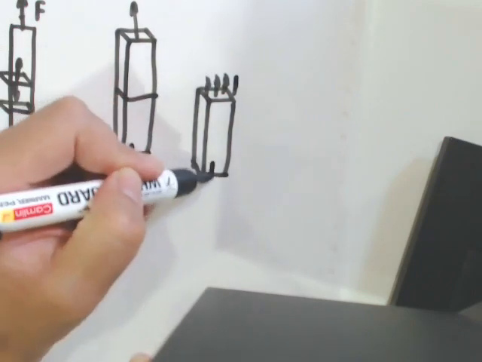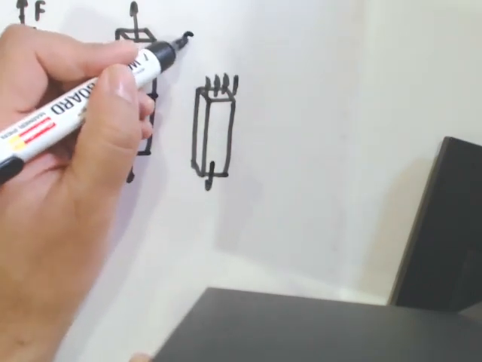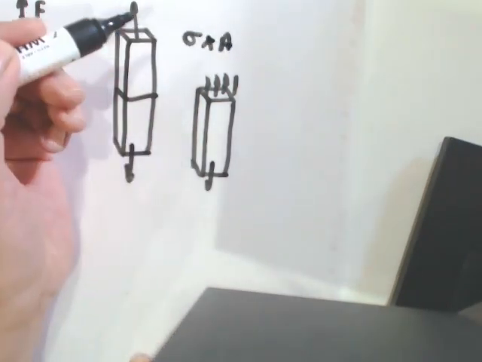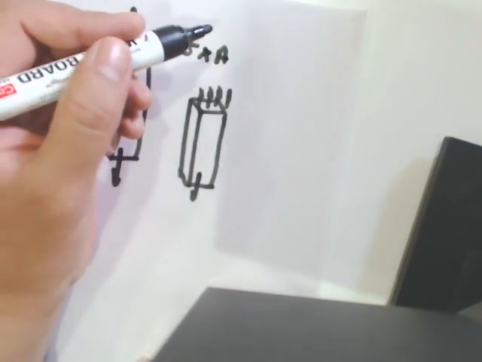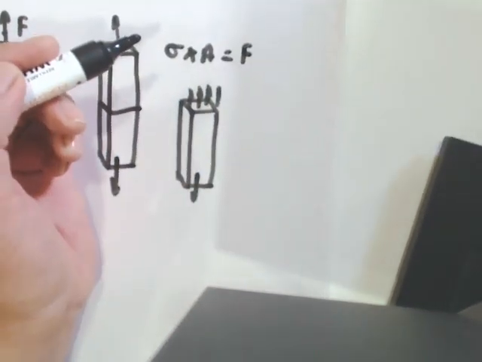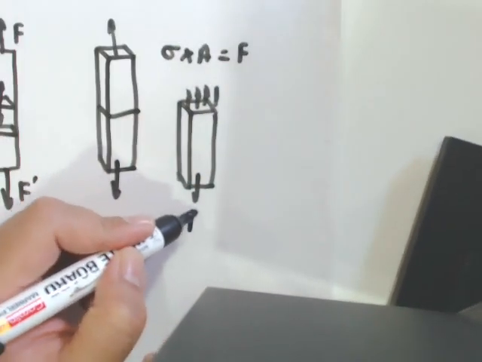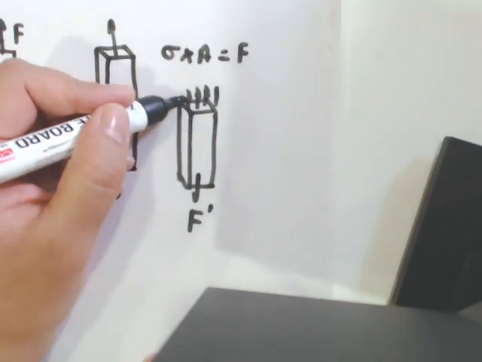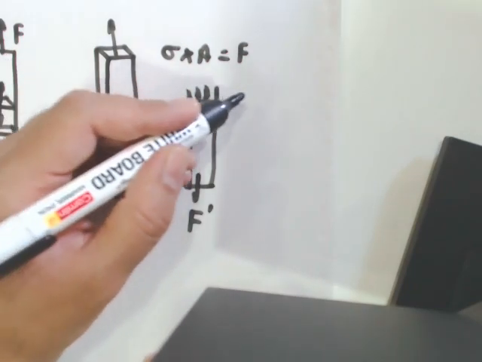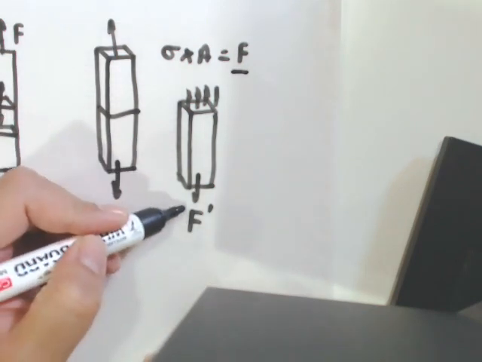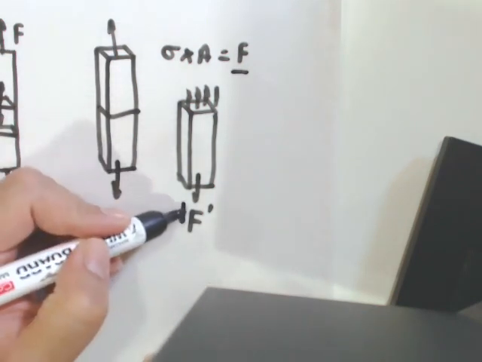This uniform stress, sigma, multiplied by the cross sectional area A, would result in a force F. This force will be equal to the external applied force F dash. So now we see how the internal stresses, when summed up, create a reaction which is equal and opposite to the action that we have seen here.